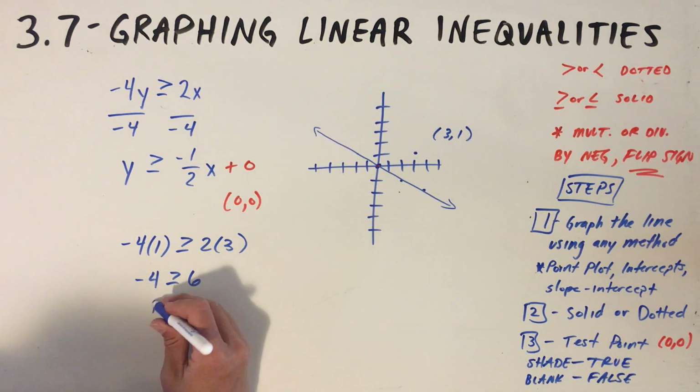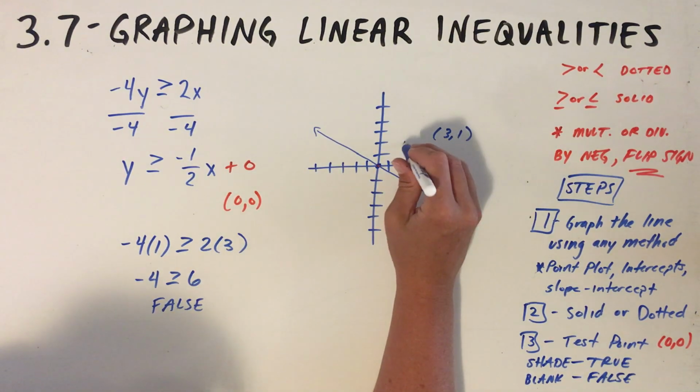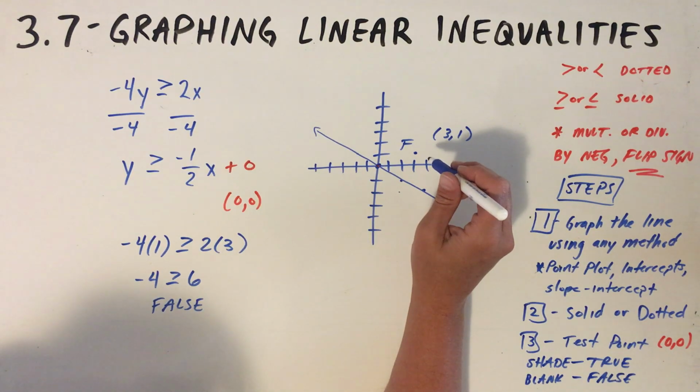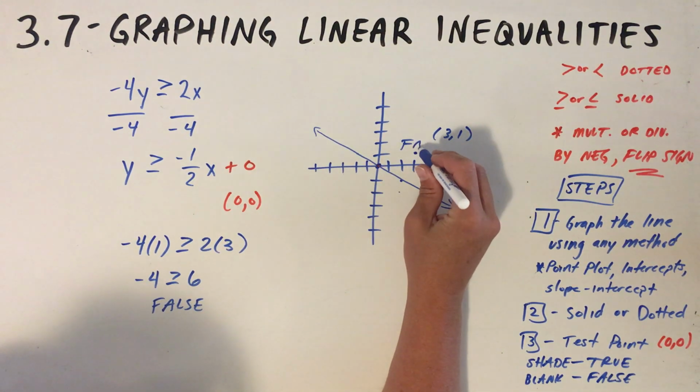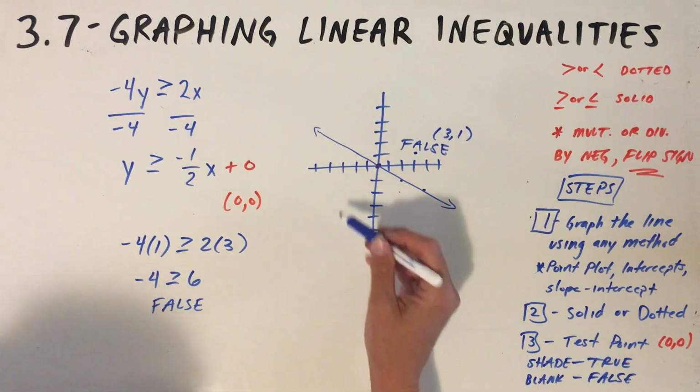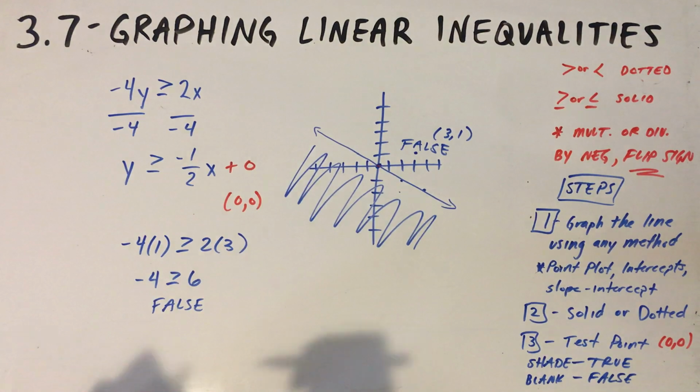Well, that's false. -4 is smaller, or less than. So this side is false, and this side is then what's going to be shaded.